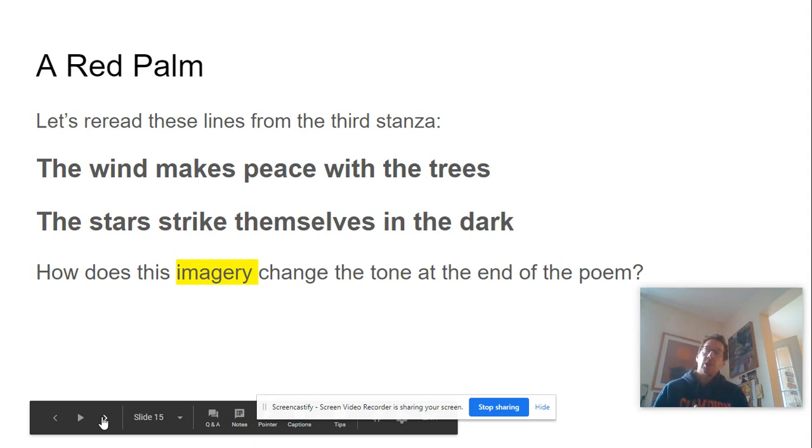And then the tone changes at the end to something that's more peaceful and more accepting. And the world being as the world should be. So nature's rhythms, however you want to describe it. But to me, that's how the tone changes. You don't have to agree with me. Lord knows there are many things you don't agree with me on, and that's okay. But explain yourself.